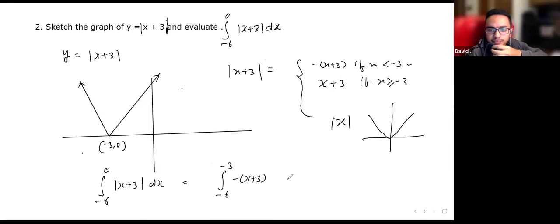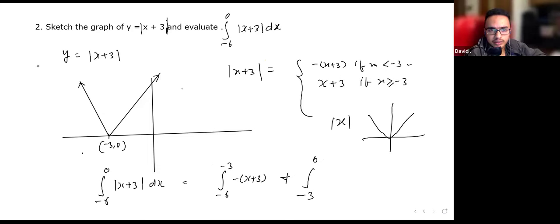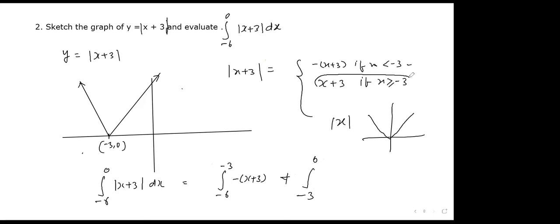And then plus the integral from -3 to 0. And we know that for x greater than -3, it is x plus 3. Yes, sir. So here we will take x plus 3 because it is for x greater than -3.